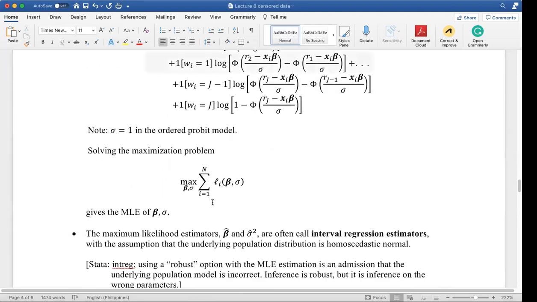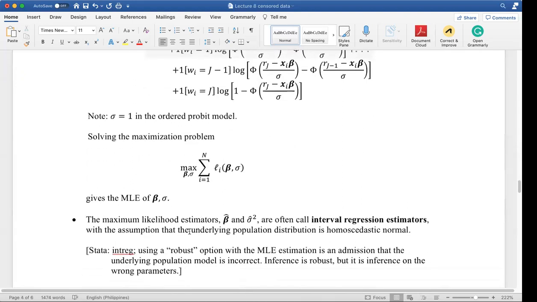Okay. So the maximum likelihood estimators, beta hat and sigma hat square, are often called interval regression estimators. So these are the interval regression estimators with the assumption that the underlying population distribution is homoscedastic normal. Okay.